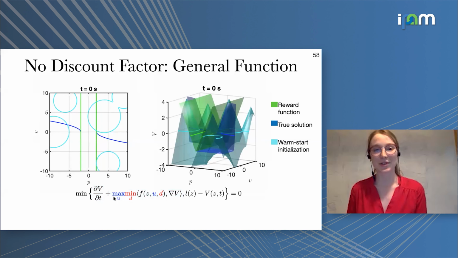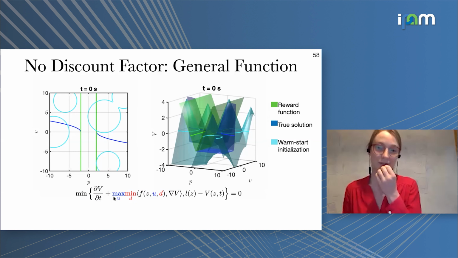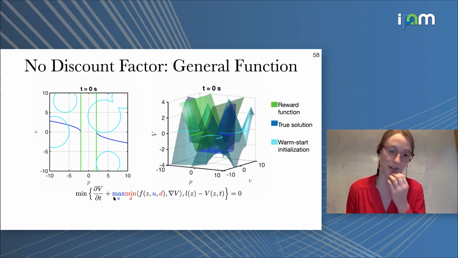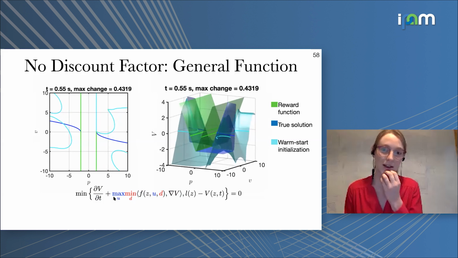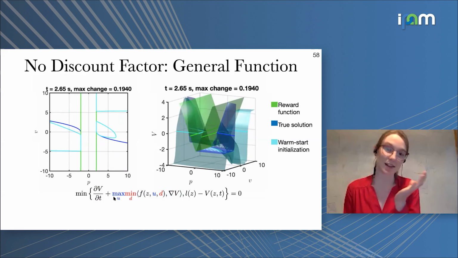So here I'm showing an initialization that's kind of random. I'm just selecting a bunch of circles here and creating a value function based on that. And so, of course, this is kind of a ridiculous initialization, and we wouldn't expect it to converge at all, much less converge efficiently. But when I go ahead and start this, you actually see that it does work.